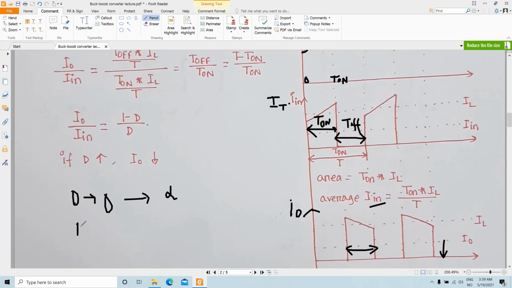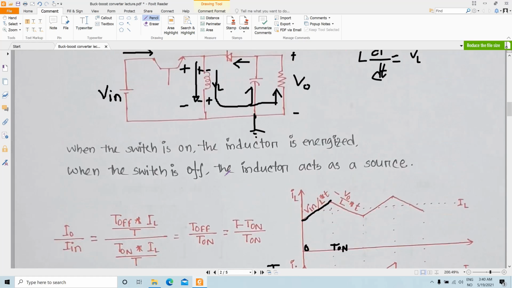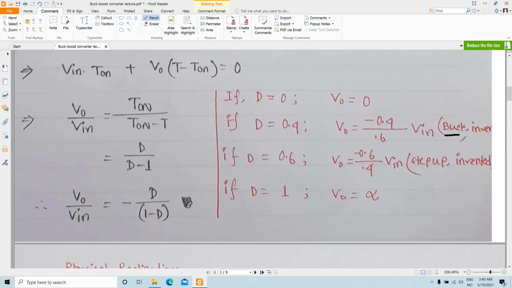And when D is, let's say, 0.2, the denominator is higher than the numerator, so your output current is higher than the input current, and during this time the converter is operating in the buck mode.